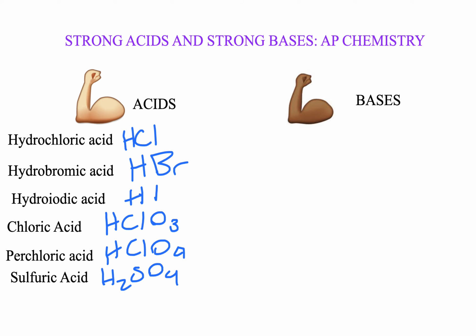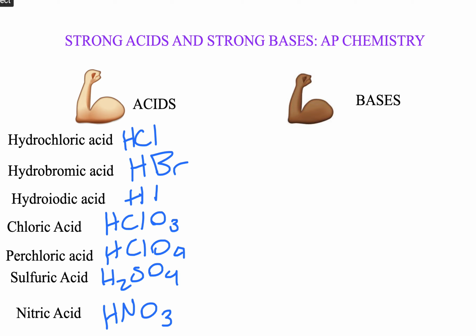And last of all, we have nitric acid, which is simply HNO3. We have our nitrate right over here connected to a hydrogen. And yes, those are our strong acids: hydrochloric, hydrobromic, hydroiodic, chloric, perchloric, sulfuric, and nitric. You should know both the formulas and the names.